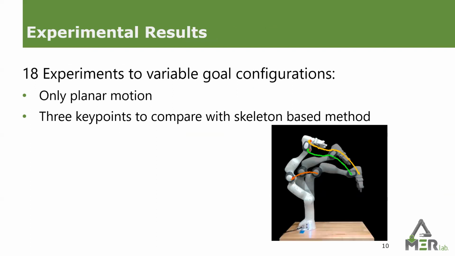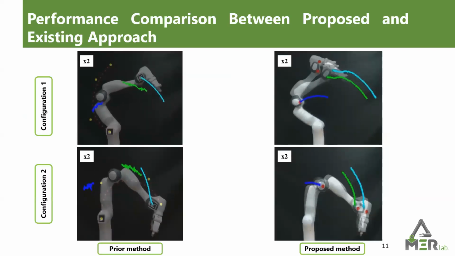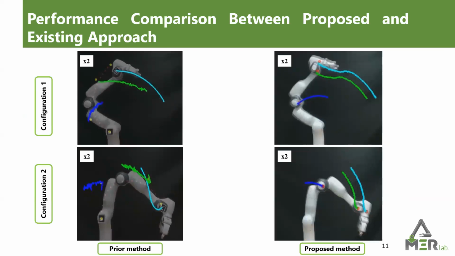We conducted 18 experiments to variable goal configurations in planar space using 3 natural features on the robot and compared the performance with our prior skeleton-based method. Our method results in faster convergence due to less noisy and more robust features.